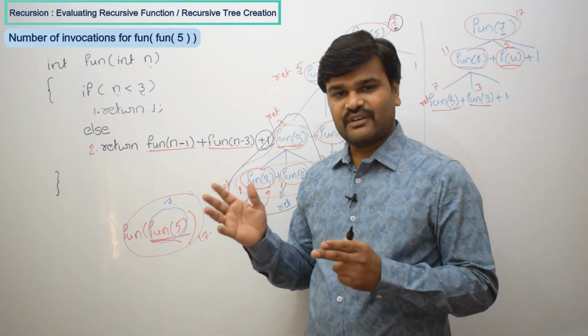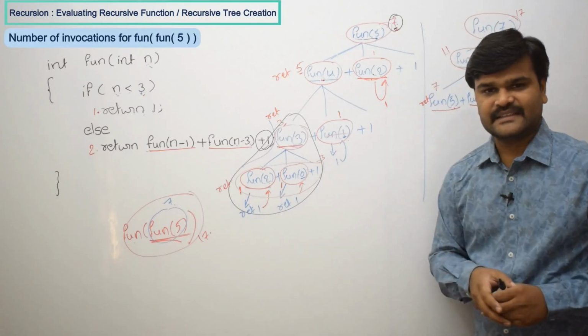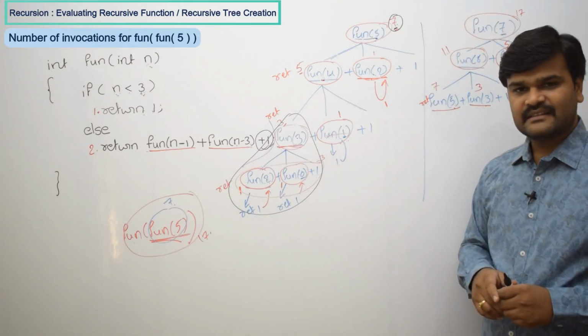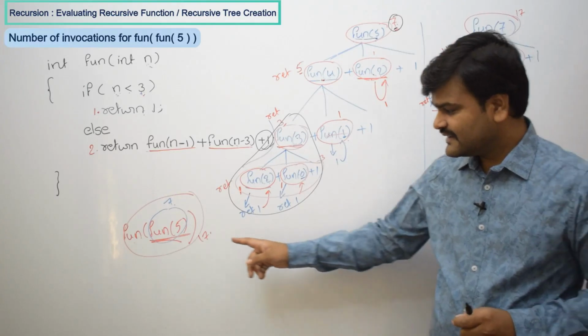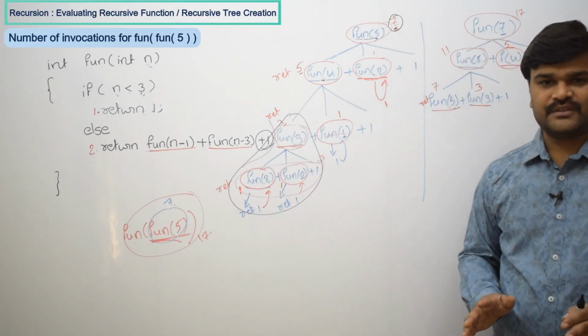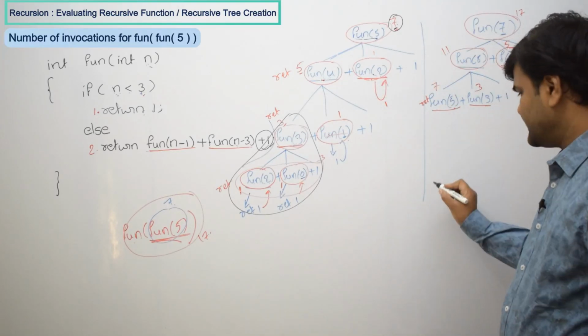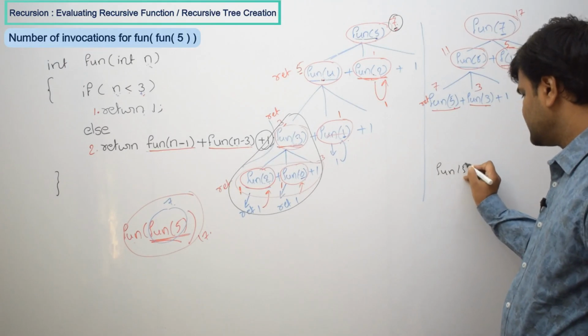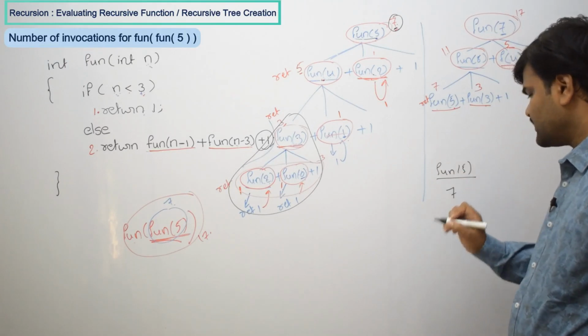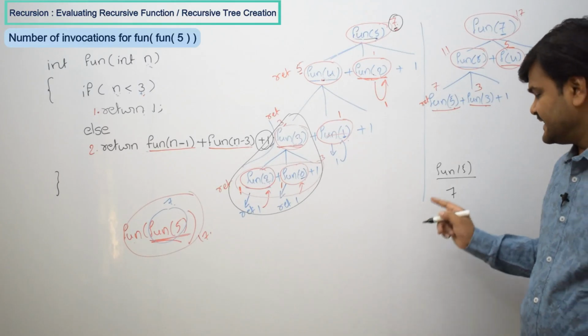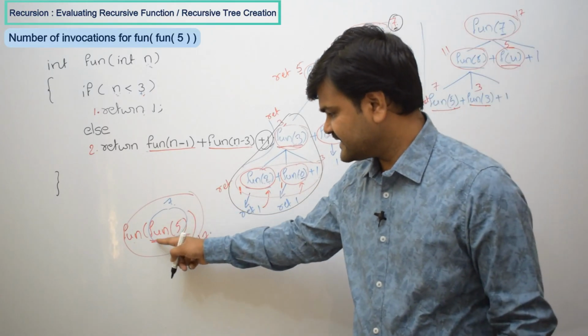Okay, so overall how many function calls are happening? 7? No, right? Or 17? No. First you did fun of 5, and a total of 7 function calls happened. Then it is returning 7, so 7 is replaced here.